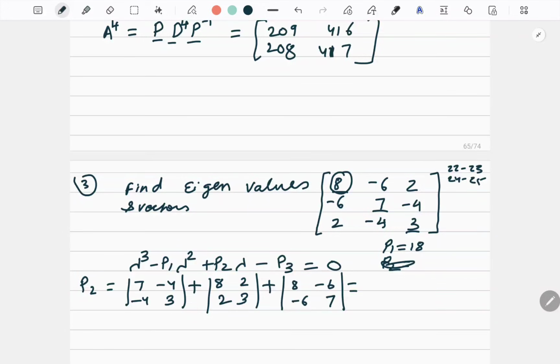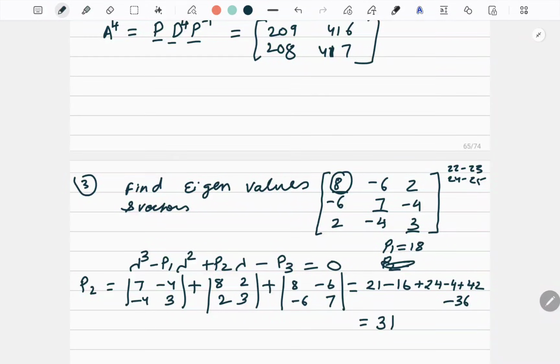That is equal to 21 minus 16, plus 6 3s are 24 minus 4, plus 42 minus 36. So let me solve this. So I should go to normal calculation. Then 21 minus 16 plus 24 minus 4 plus 42 minus 36. So that is giving me 31.